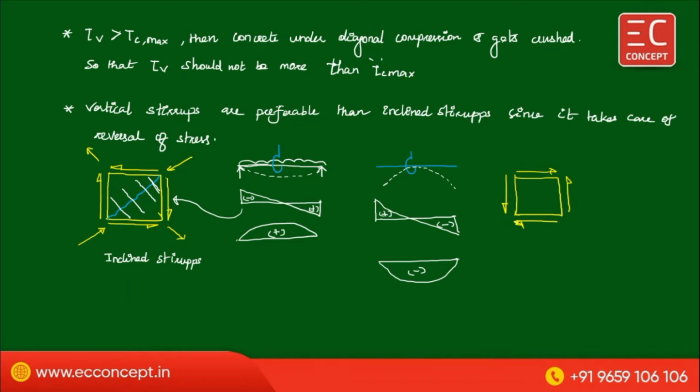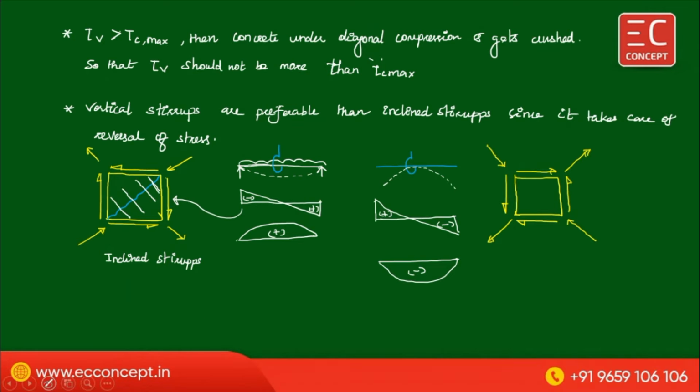Understood? Now, which direction is subjected to tension? The direction that was initially subjected to compression is finally subjected to tension, and vice versa. This was initially tension, now it is subjected to compression.